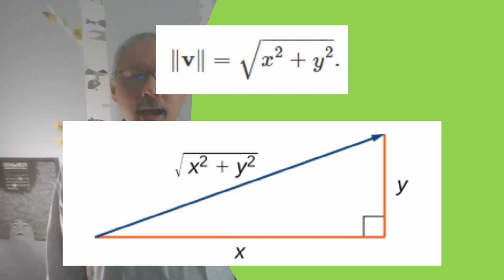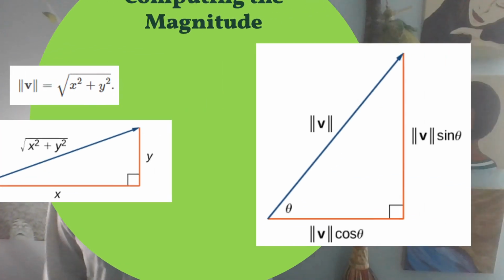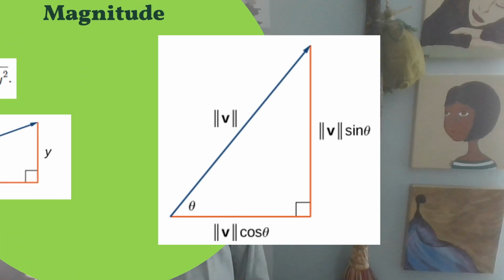But essentially the magnitude of ⟨x, y⟩ is going to be the square root of x squared plus y squared. We're also going to relate the magnitudes with the angle associated with a vector from the positive x-axis. And we'll see that come into more important fruition a little bit later on.